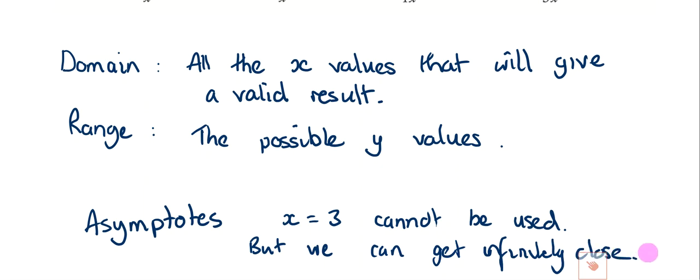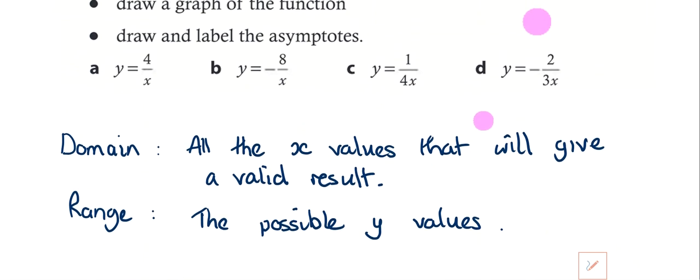So in this case, I could use x equals 2.99999 forever, yeah? And that will be shown on a graph where the line tends towards it, but never actually gets to that point. So if that's part of the domain, that's a value that I can put in. If it's part of the range, it's the result, and we will get infinitely close to that result, but never quite get there. So basically, that's what we're looking at in this topic, and how we can identify those.